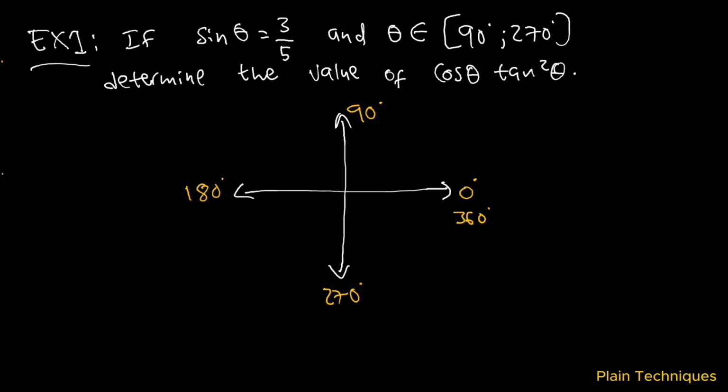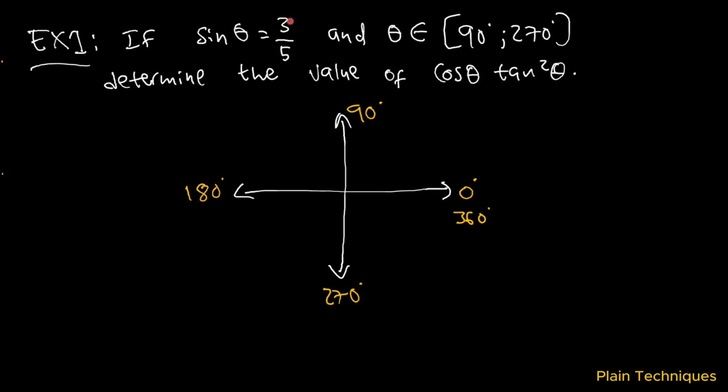Remember that you are given the first condition, which is sine theta equals 3 over 5. Now, what is sine theta? Sine theta is opposite over hypotenuse.